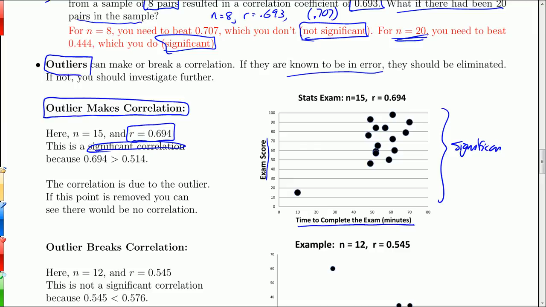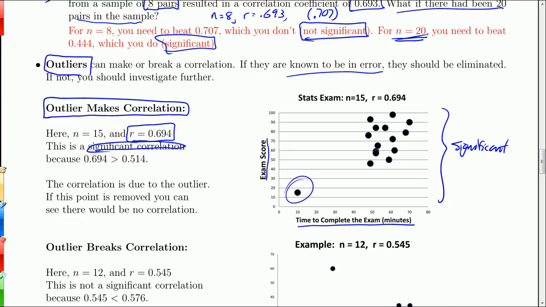All right, it's positive, which goes like that. So you might start thinking, oh, the longer it takes to complete the exam, the better you do. But in general, that's not true. The only reason we have that significance is because of this thing.